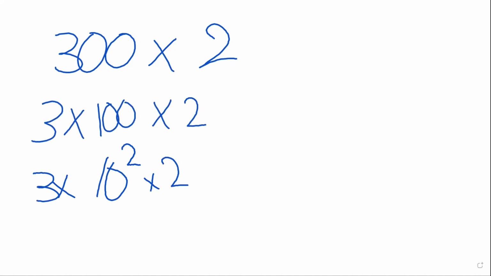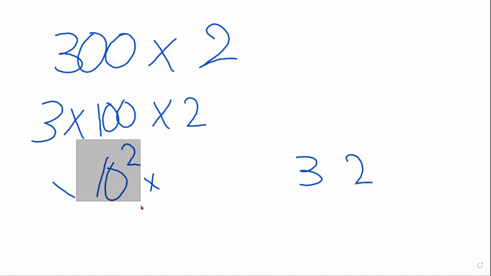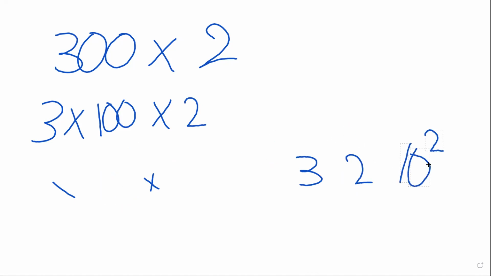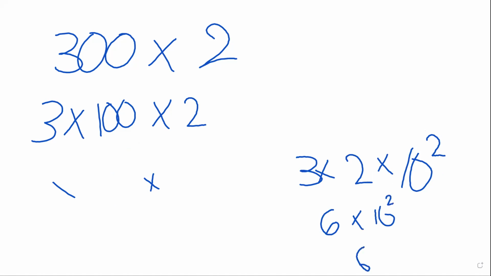Then we can move number 3 here and number 2 here. So we have 3 times 2 times 10 to the power of 2. So it's 6 times 10 to the power of 2, or 600.